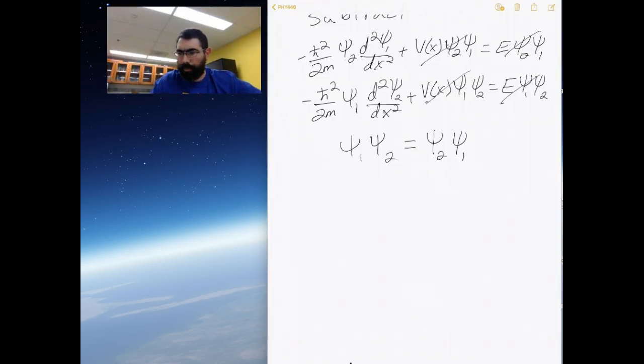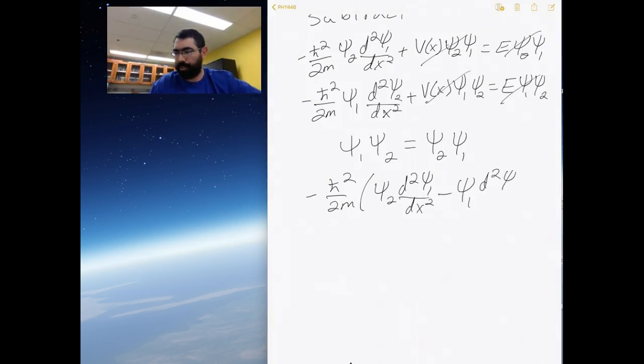So what we're left with is minus h bar squared over 2m, which I can factor out of both terms, and I get psi2, the second derivative of psi1, minus psi1, the second derivative of psi2. And all of that is equal to 0.